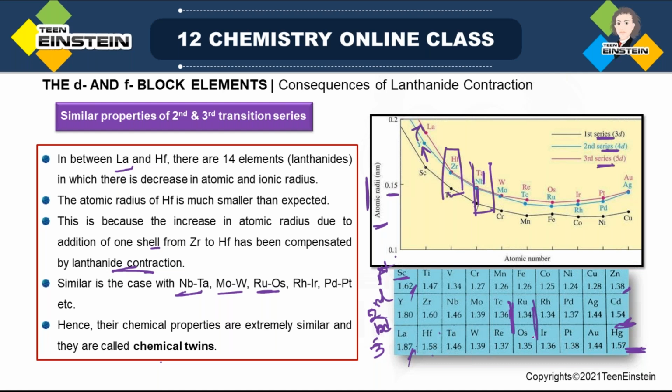Their chemical properties are also more or less the same. The size value has a direct effect on chemical properties. So as the sizes are almost the same, chemical properties will also be very close to each other. And that is the reason all these pairs are called chemical twins.